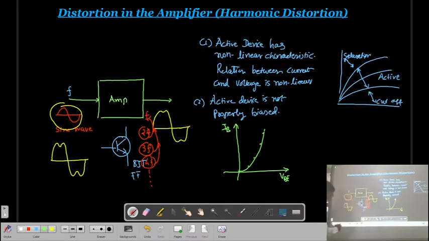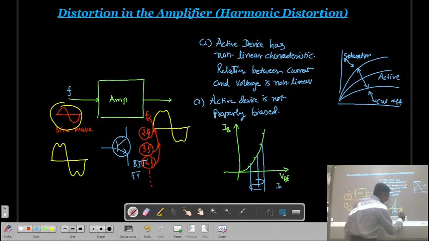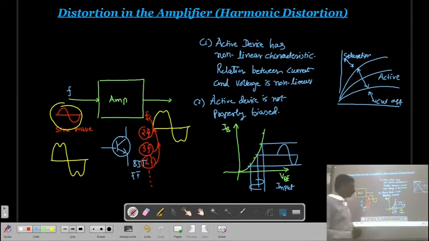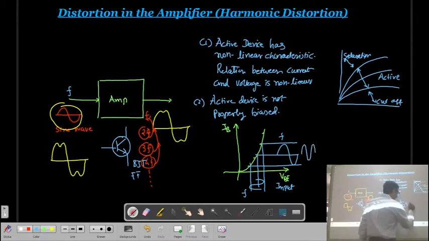Now if I apply a signal at the input, VB is your input voltage. Correct? Then what do you expect in the output? You are expecting an output like this. But at the same time, if my input frequency is F, the output frequency F will be there, but at the same time the 2F frequency is also going to be produced.